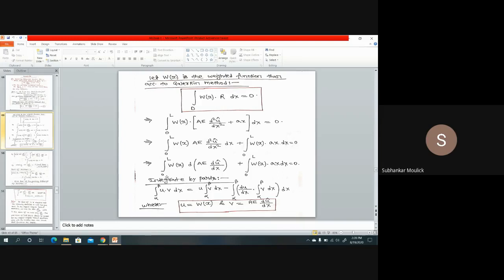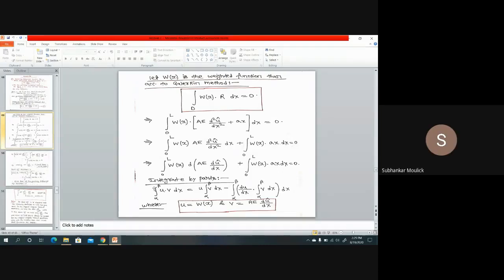If two functions u and v are given, which you need to integrate over the interval alpha to beta, then by integration by parts I can integrate it as u into integral of the second function, minus integral of the differentiation of the first function into the integral of the second function, then the entire integral. Is it clear? This is the formula for integrating by parts.